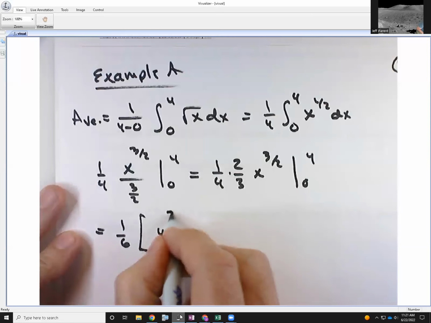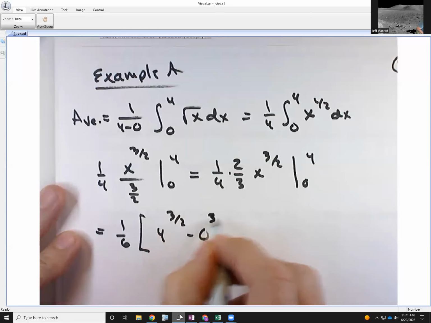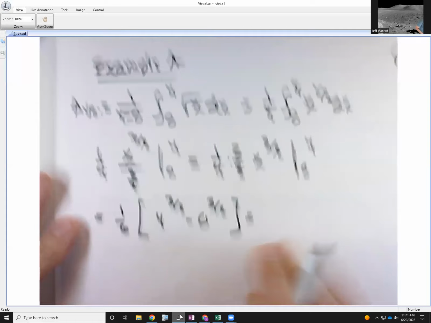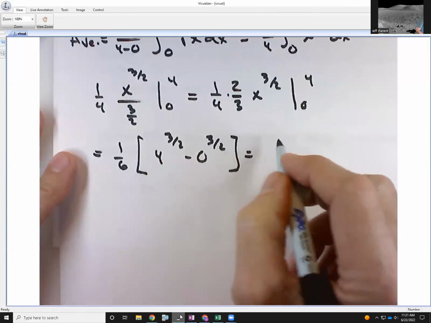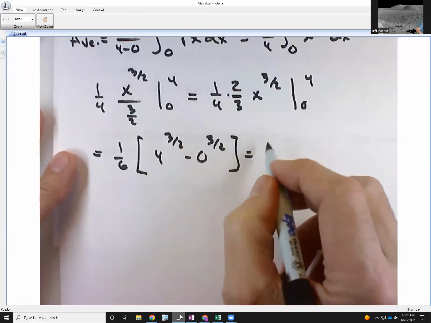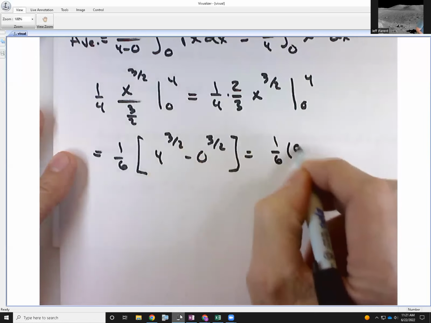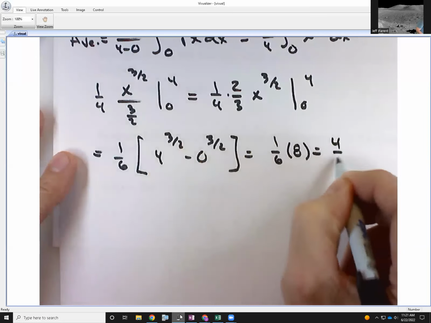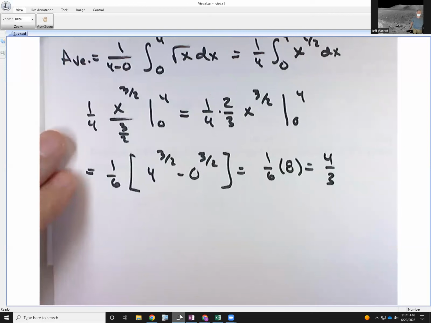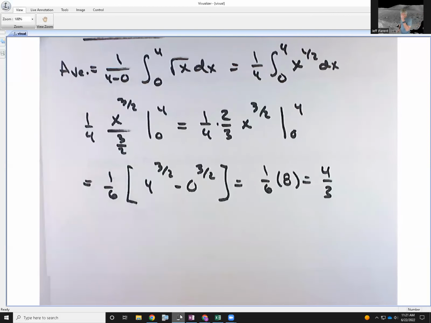It's going to be 4 to the 3/2 minus 0 to the 3/2. 4 to the 3/2 is 8, minus 0 is still 8, so I'm going to get 1/6 of 8, and in lowest terms, that's 4/3. So that's your average value. Nice.